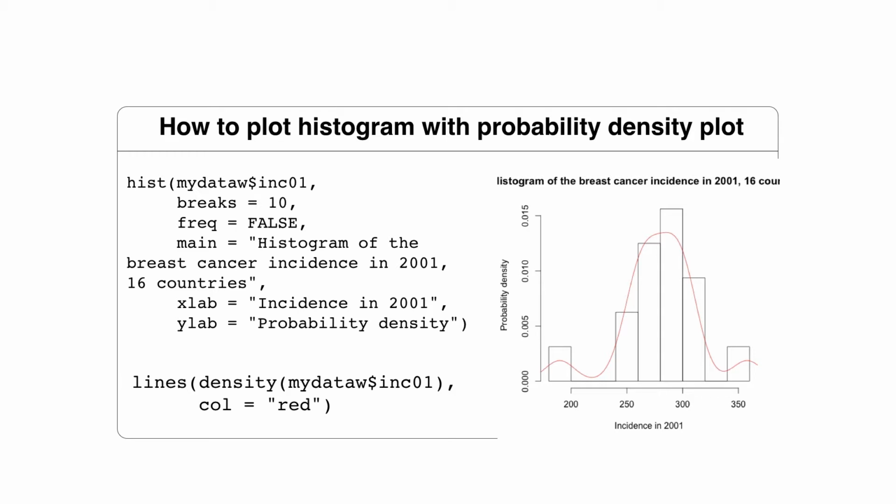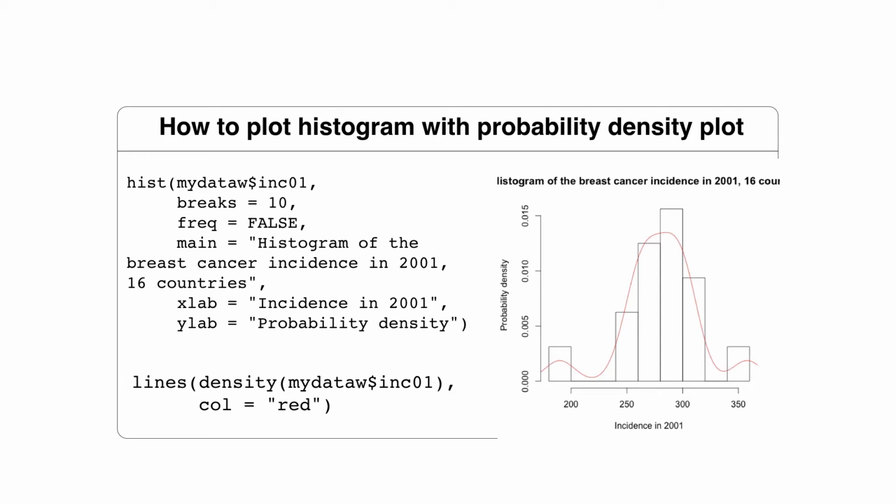For example, we just wanted to plot a histogram for a continuously distributed variable, INCO1, which stood for incidence rate for the year 2001. This was a continuous variable directly referenced from the data set, and we decided to draw a histogram out of that.